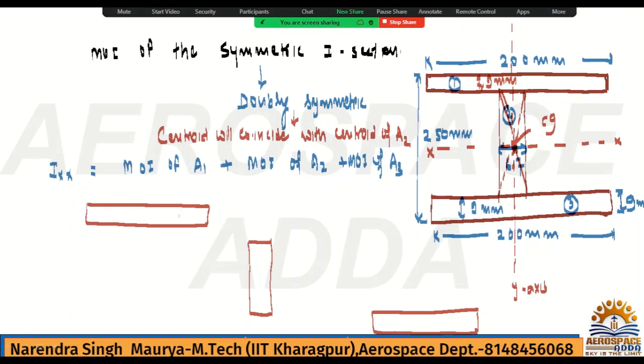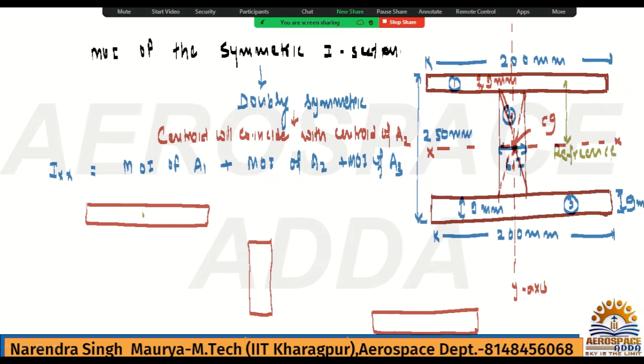So for box 1, x bar and y bar, because you are going to write the centroid with respect to the vertical axis, then for the vertical axis, if you check this CG with respect to this centroidal axis, this vertical height needs to be measured, because this is now your reference.